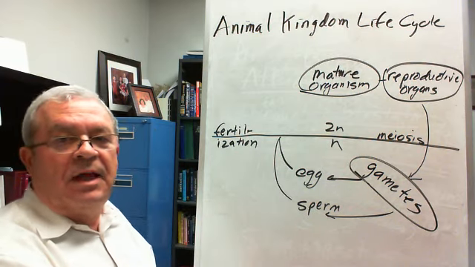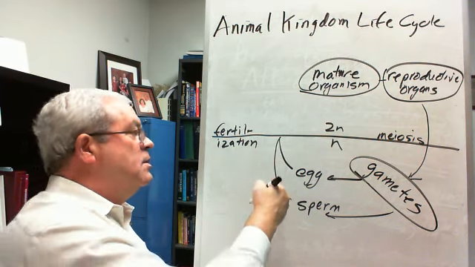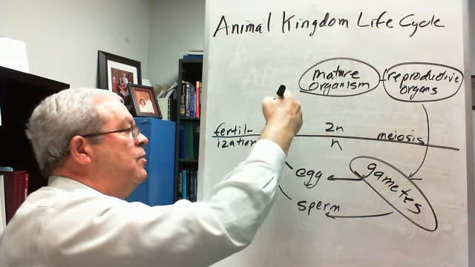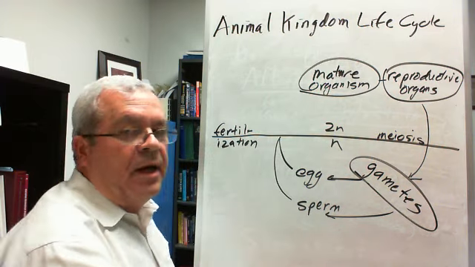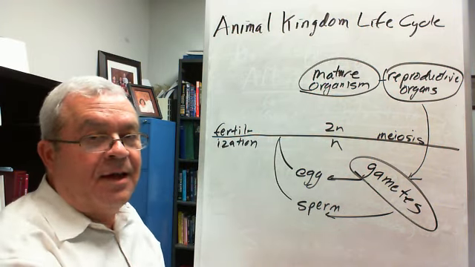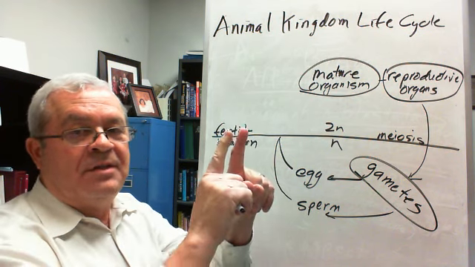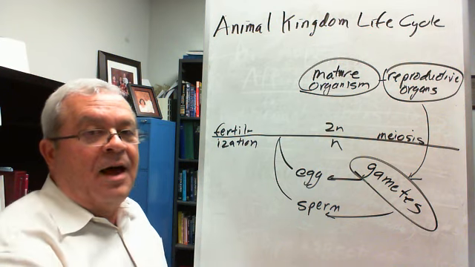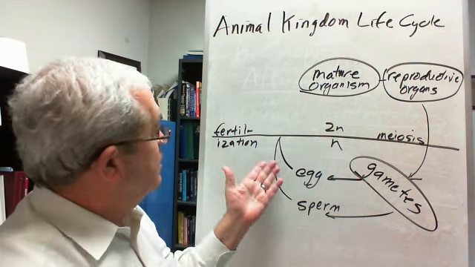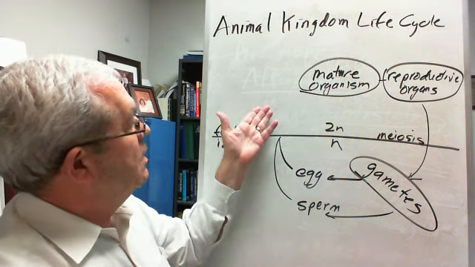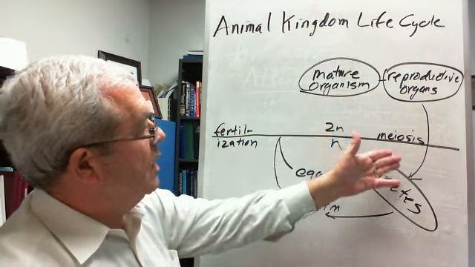Yes, fertilization. And so crossing the line this way is fertilization. Crossing it this way is meiosis. They're just the opposite. We already learned that, right? Fertilization joins alleles, meiosis separates them. Opposite process. Fertilization, we go from N to 2N; meiosis, 2N to N.